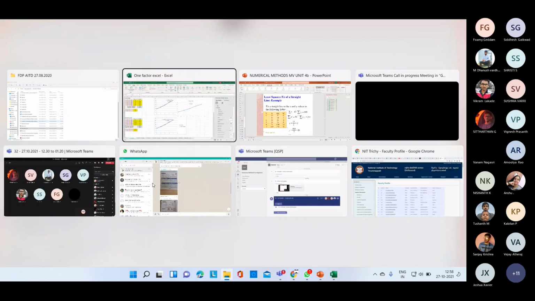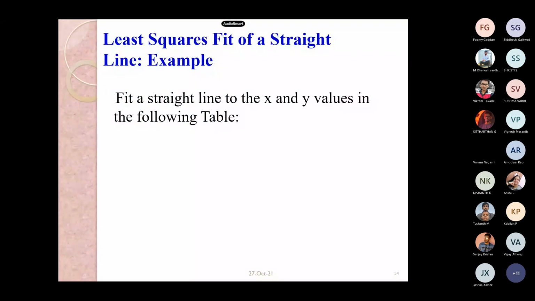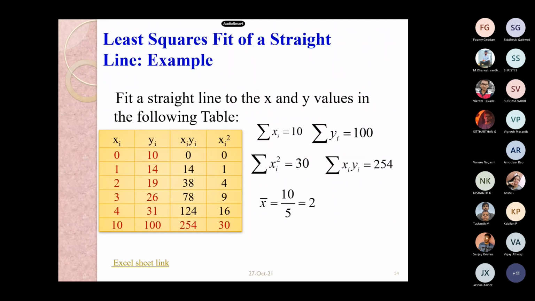So for doing prediction or forecasting, we apply the regression model and apply these values in the formula. You will get your a0 and a1.